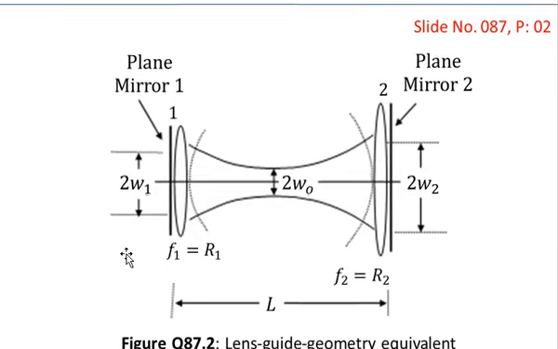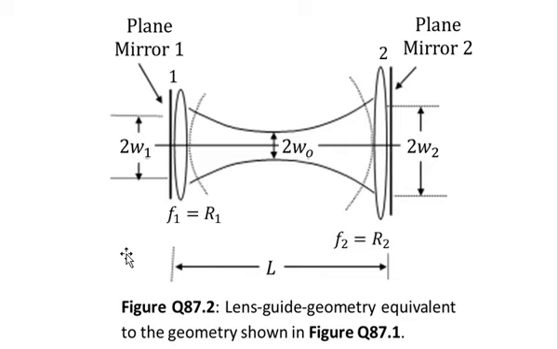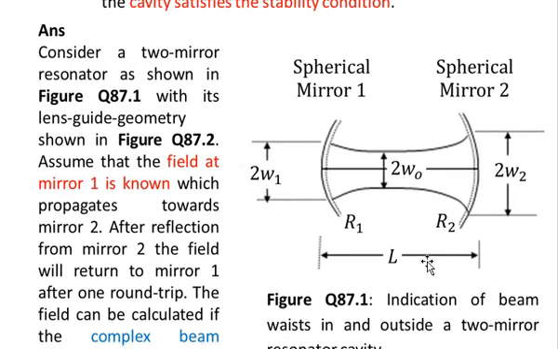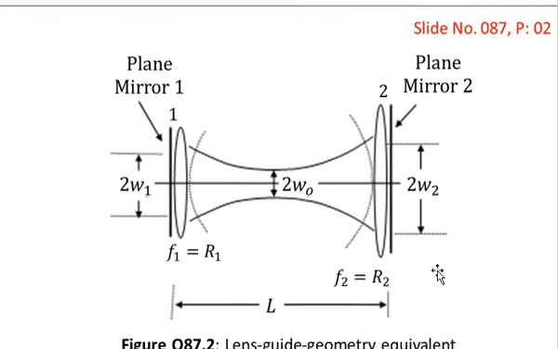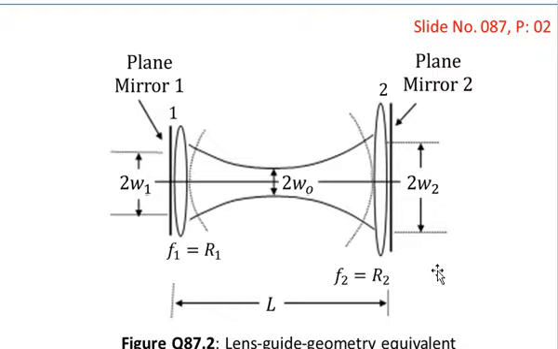So now let me show you figure number 2 and discuss it. This figure number 2 is actually a lens guide geometry, which is equivalent to the geometry shown in figure 1. So this is the mirror geometry and this is the equivalent lens guide geometry, which consists of two mirrors, plane mirror 1 and plane mirror 2. And just in front of these mirrors, there are two lenses.